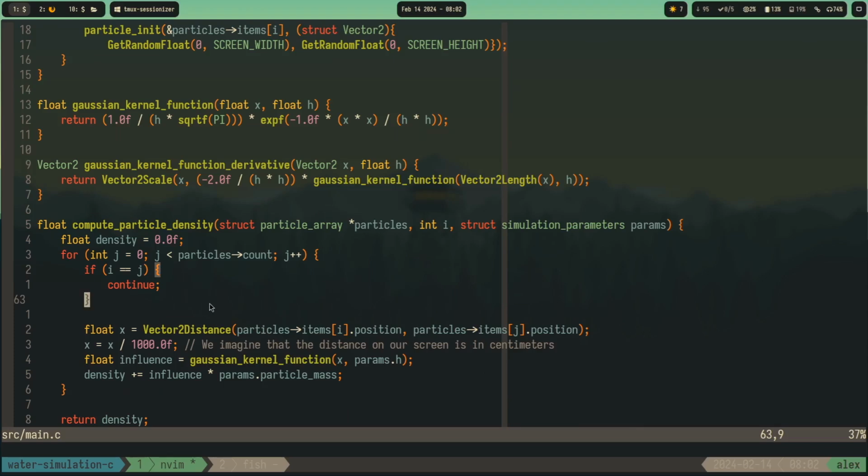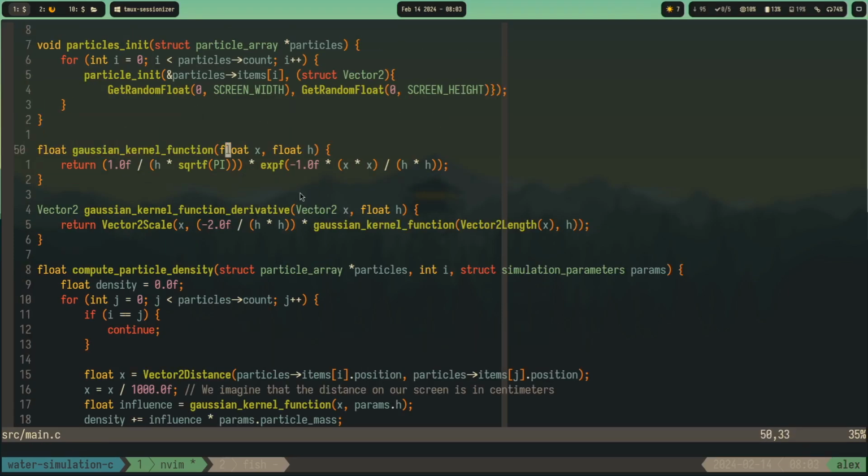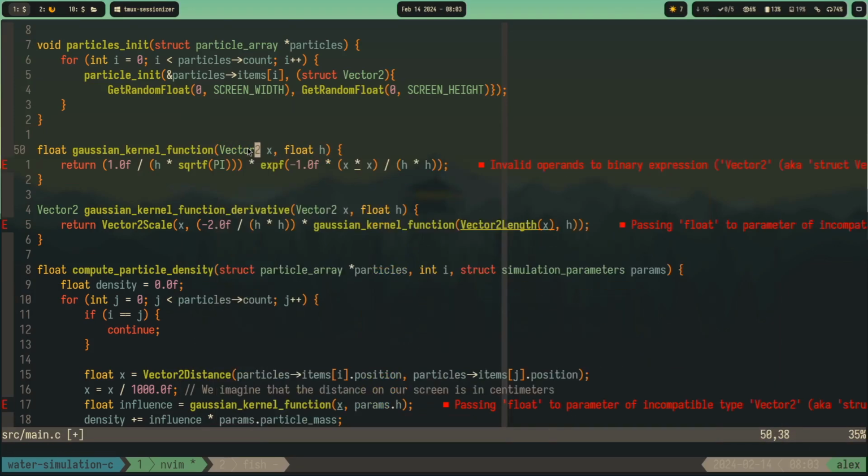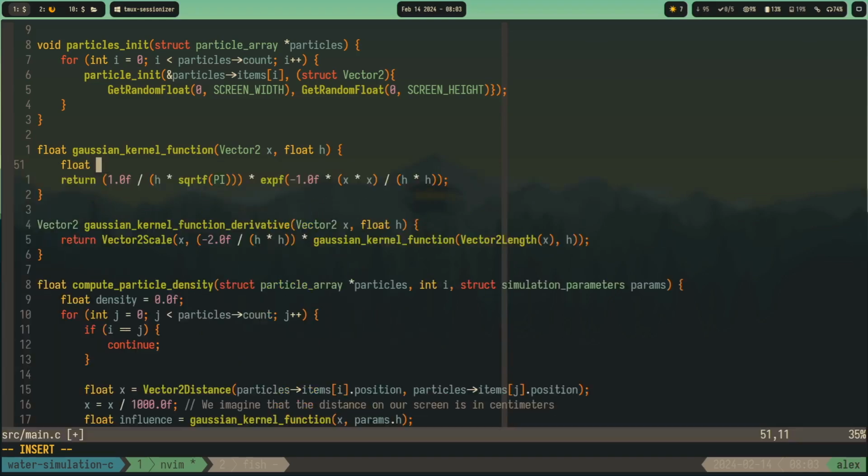Not sure if that should be done maybe in here. So let's change this thing to get also a vector to x, and then let's have something like float x length.